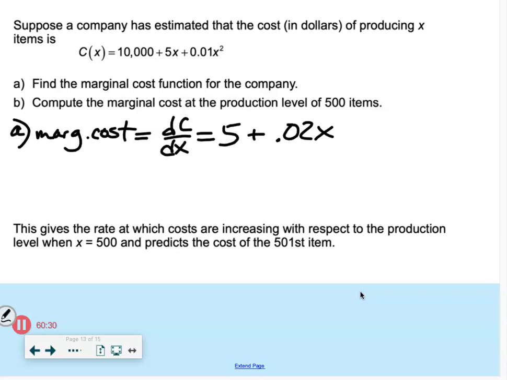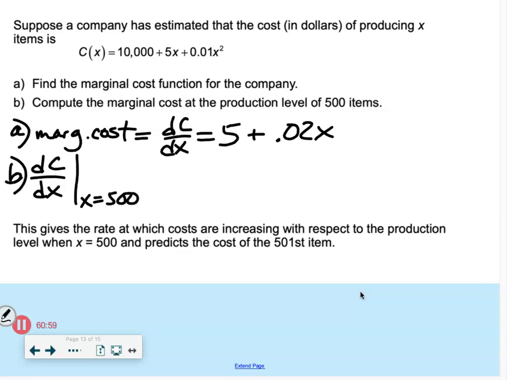So if we want the marginal cost at the production level of 500 items, just so you know, in math, if you have to plug a number in and it's not a cute f of x where you just stick something in the parenthesis to say f of 5, the way that we write it is dC/dx, a vertical bar means evaluated at, x equals 500, written low at the bottom.